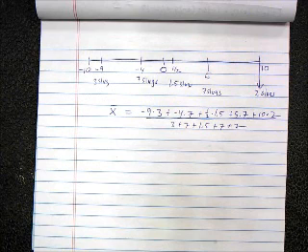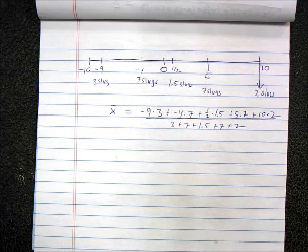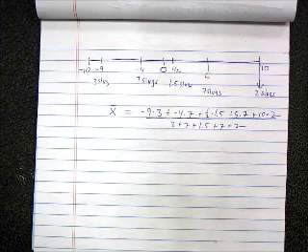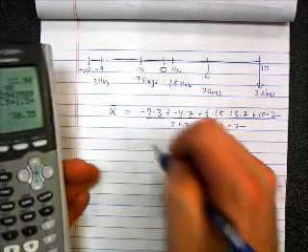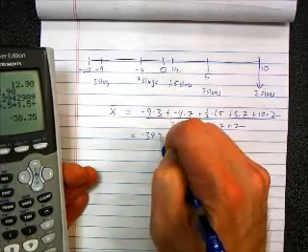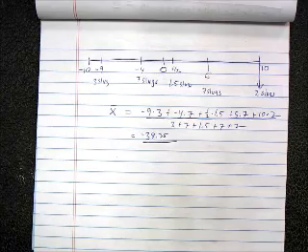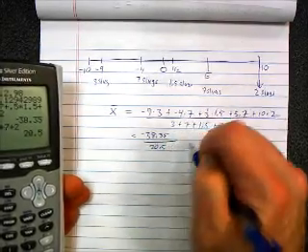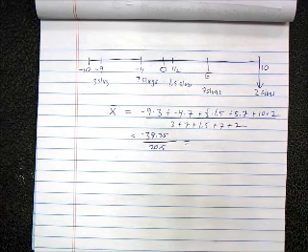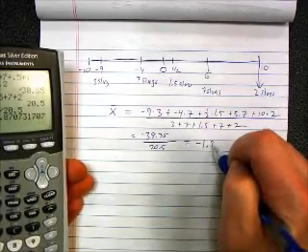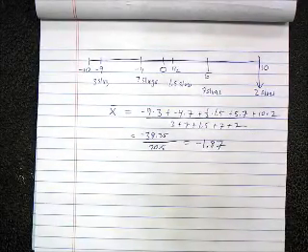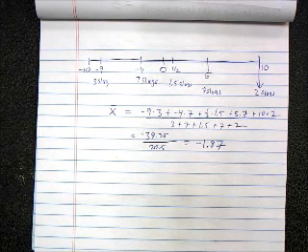I got negative 38.35 divided by, oh, I should have done this in my head. Oh well, 20.5. Negative 38.35 divided by 20.5. You need to move the fulcrum 1.87 feet to the left.